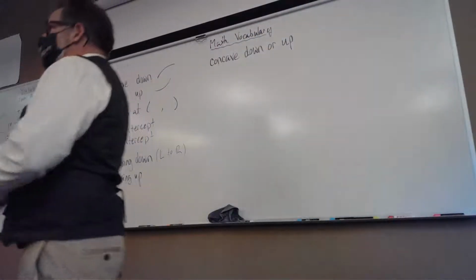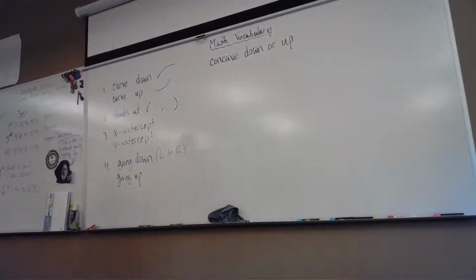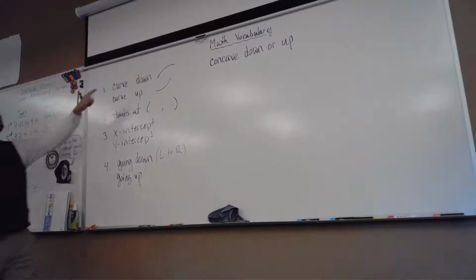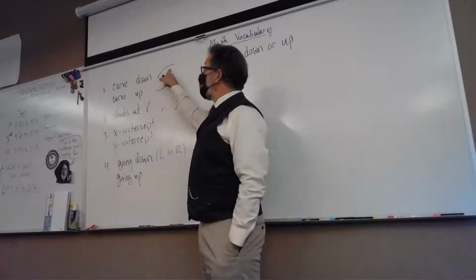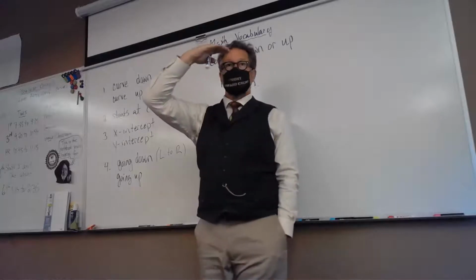How do you remember which is which? Something that is concave looks like a cave. What does a cave look like? It's a hole in the rock. So the cave part is the side that would be the hole in the rock. When I look at these, this is concave down, because the cave part is facing down.